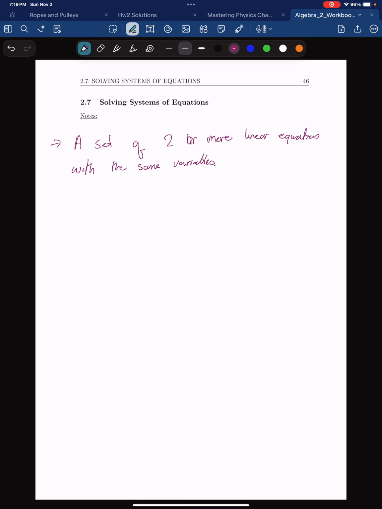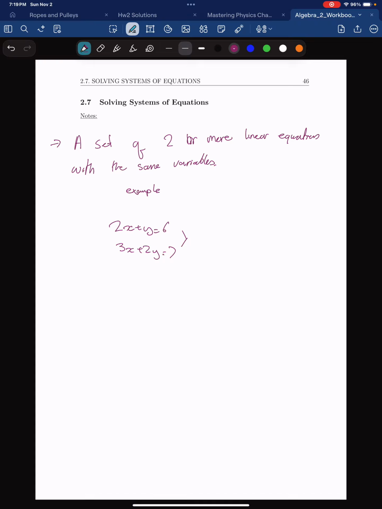All right? Two or more linear equations with the same variables. So, example, we have 2x plus y is equal to 6, and we have 3x plus 2y is equal to 7. These are two linear equations, and they have the same variables, x and y.